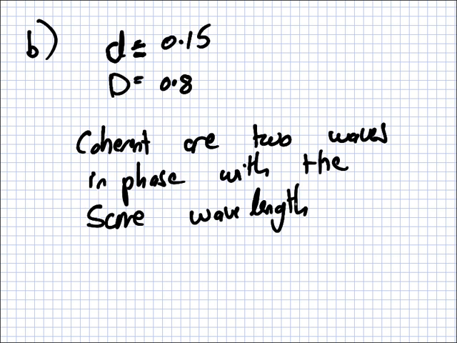Same frequency and constant phase difference. Constant phase difference is the same meaning as in phase. But you said same frequency. Now, if they're both moving at the same speed, their wavelengths will be the same if their frequencies are the same.